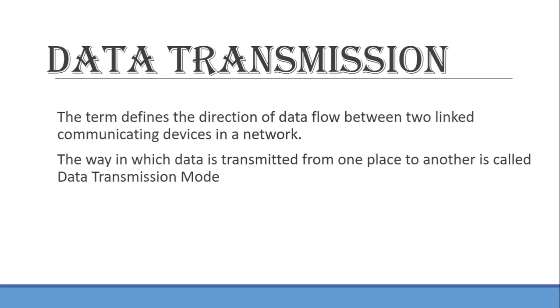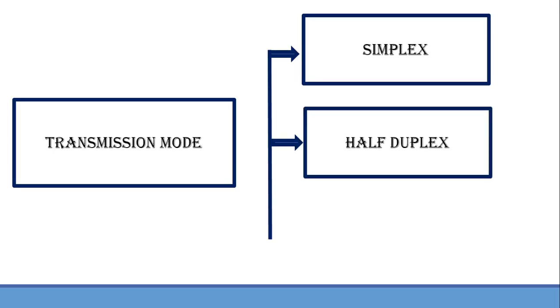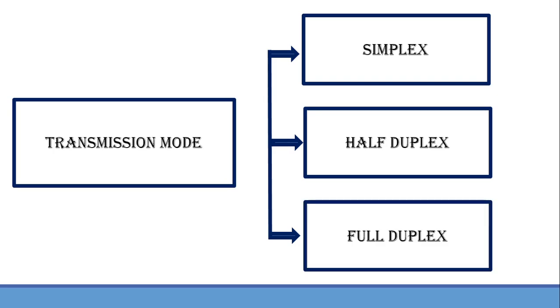The way in which data is transmitted from one place to another is called the data transmission mode. When we talk about the modes of transmission, we have three: simplex, half duplex and full duplex.